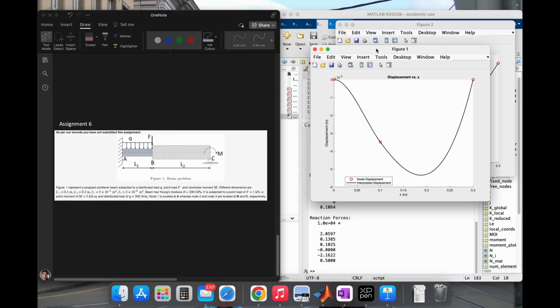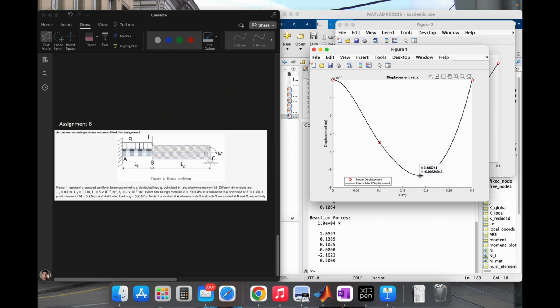So this is the displacement. Here you can see that there is no displacement at point A, and no displacement at the point where x equal to 0.3. The maximum displacement is near 0.18 something, and that is minus 0.005, which means that the beam will go up, so that's why it looks something like this.